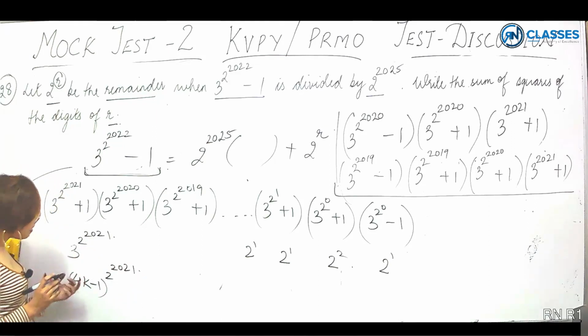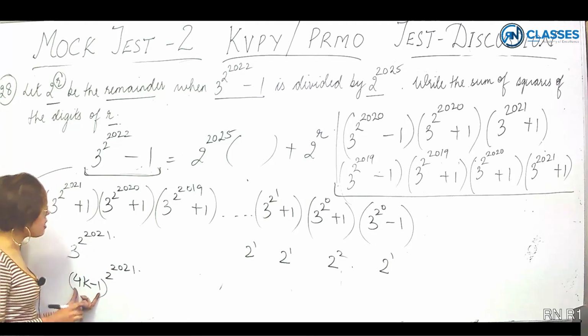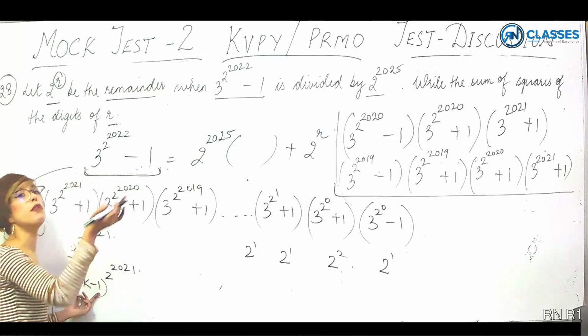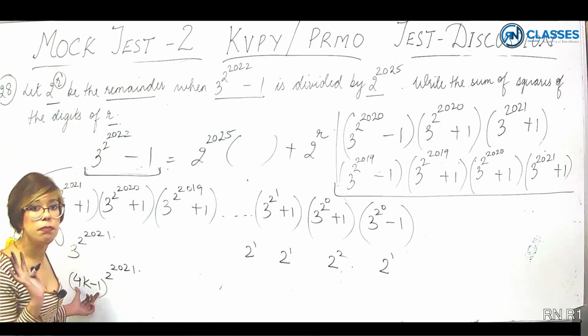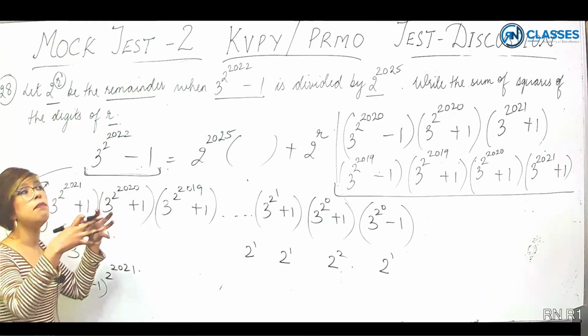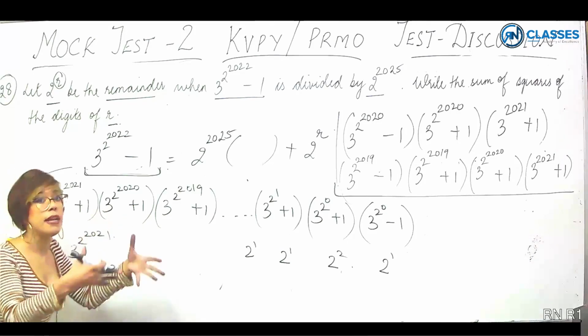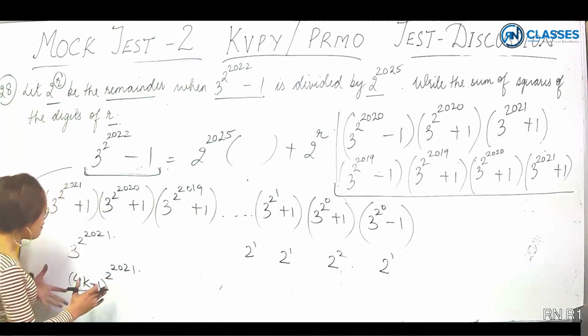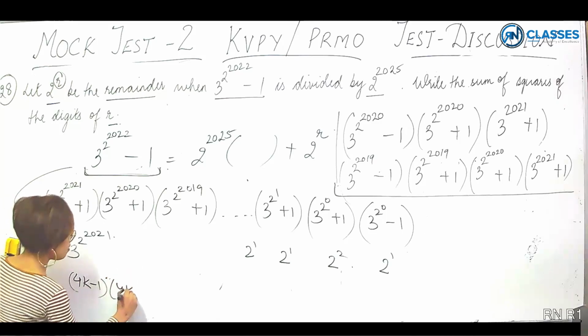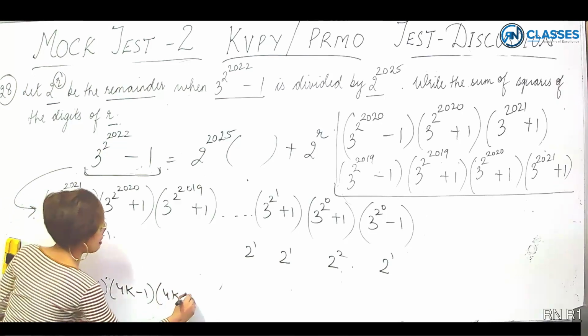Right? Basically, I am multiplying this factor 4k minus 1 how many times? 2 raised power 2021 times. That means it will be an even power only. I am multiplying this factor even number of times. So if I am multiplying the factor even number of times, right? Just imagine.